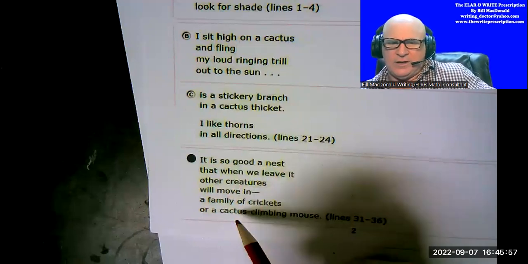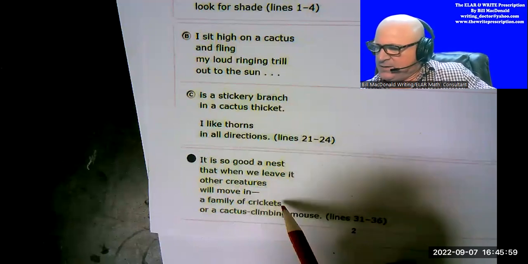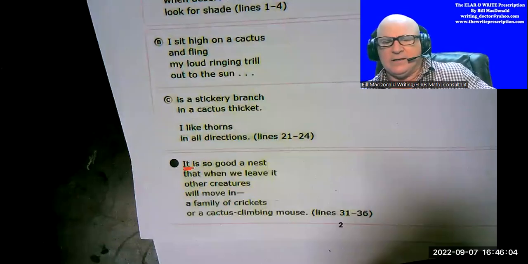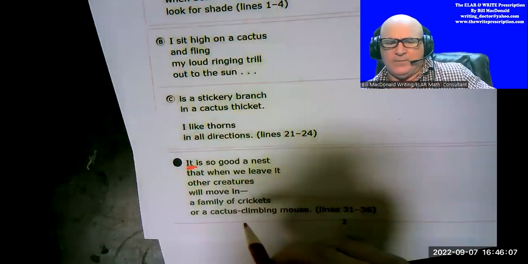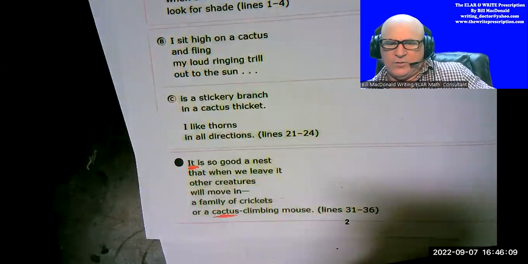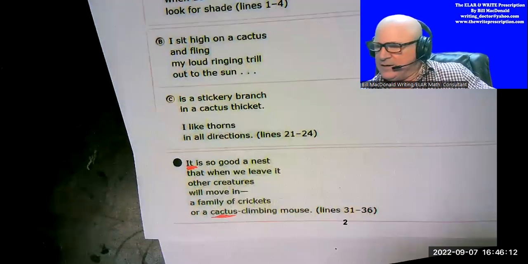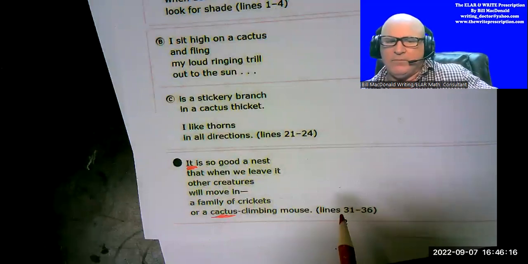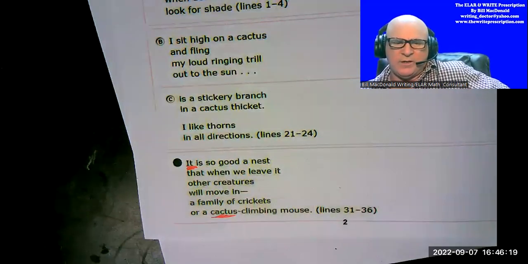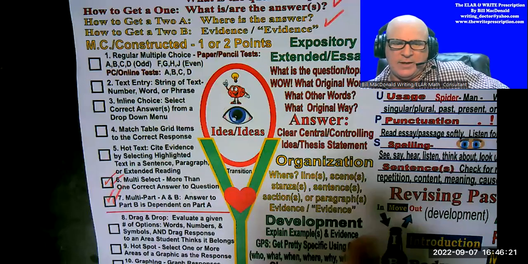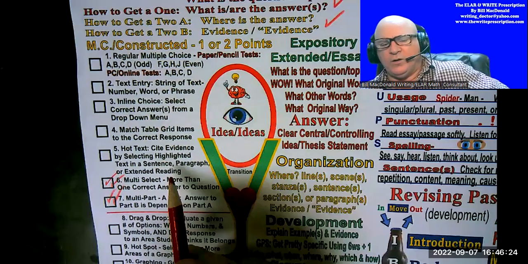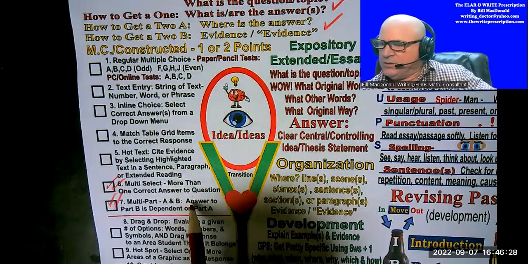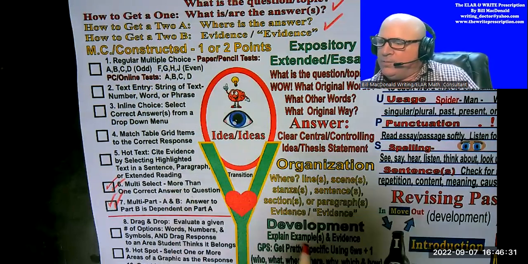And so you can see it is probably the cactus because it says a cactus climbing mouse. And so there are the lines that you can find it in. So your multi-part A and B, which one is in both, and which one can you use to prove part B, the poem.